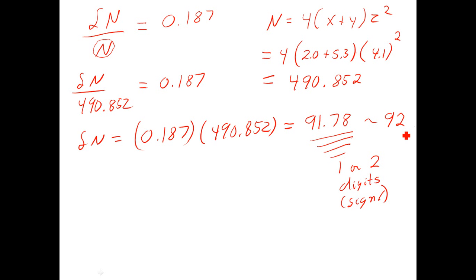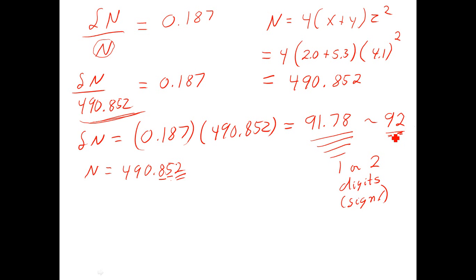So then when I look back at my raw number, since this is 92, notice that the value for n, which I got as 490.852, has a lot of digits back here, the 8 and the 5 and the 2, that don't make a lot of sense. They don't carry any additional information because the uncertainty is so big, close to 100.